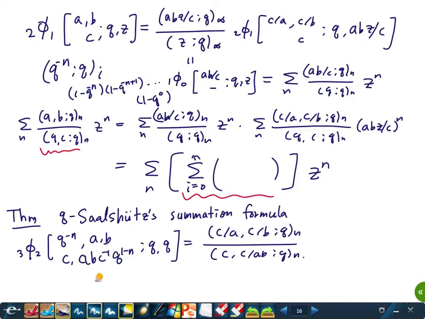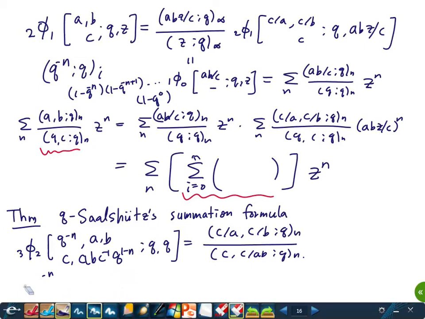The product of these two is abq^{1-n}, right? The product of these three is abq^{-n}. They are off by q, right? So if the product of these is equal to the product of these times q, and if z is q, then we can write this as a product. That's basically that.